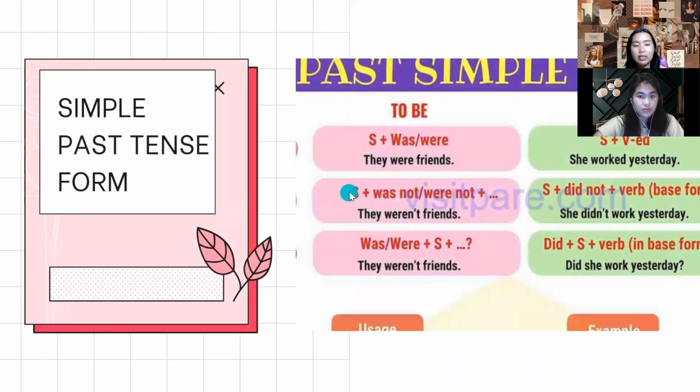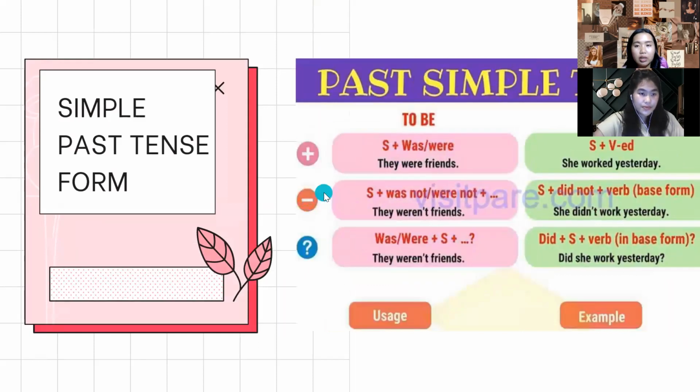simple past tense has a form. The past simple tense using to be in the positive sentence is subject plus was or were. In the negative, it is subject plus was not or were not. And for the interrogative, it is was or were plus subject.